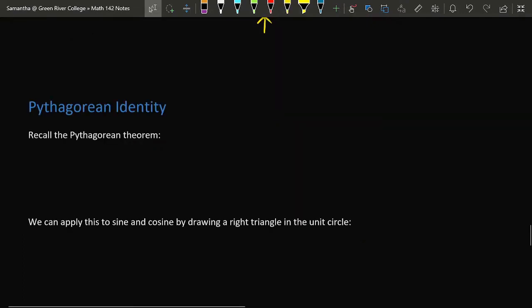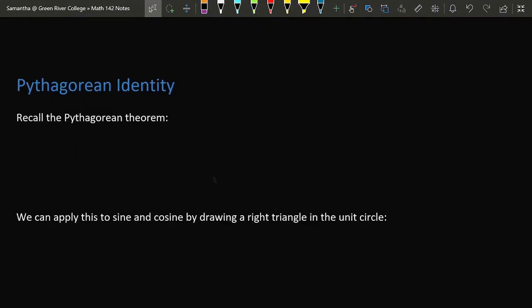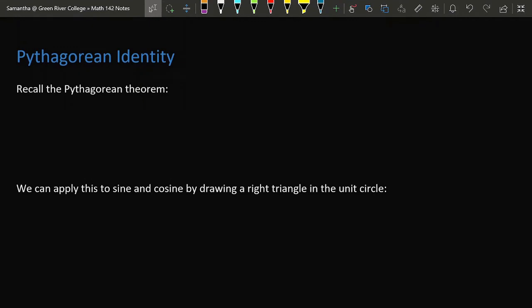The last property of sine and cosine that I would like to take a look at today is something called the Pythagorean identity, which, as the name might suggest, is related to ye old Pythagorean theorem. Pythagorean theorem gave a relationship between the lengths of the sides of a right triangle.